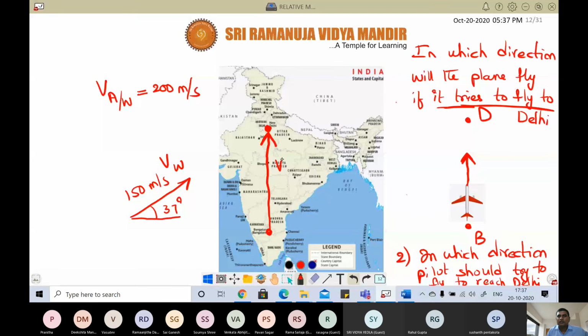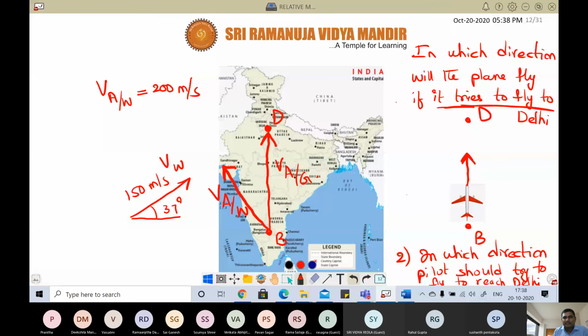So this is called the velocity of aeroplane with respect to ground. This is, let's say, Bangalore, so that means B, and this is D. Now by common sense, I know that I have to fly toward this side, correct or not? This is called the velocity of aeroplane with respect to wind. Now I just need some angle, either from the x-axis or y-axis.